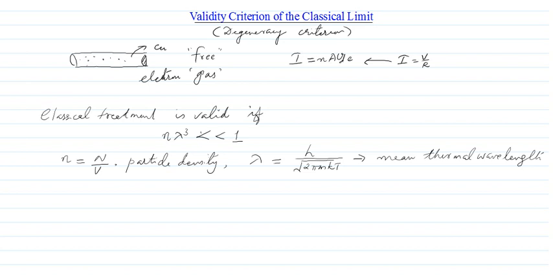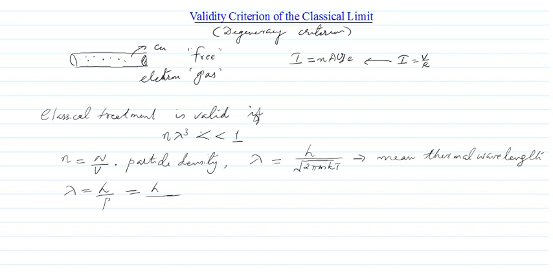So lambda is h by root of 2 pi m kBT, and this quantity has been named lambda for one reason. The equation has the same form as lambda equal to h by p, the standard equation for the de Broglie wavelength of a particle having energy E equal to say kBT. You can rewrite this as h by momentum.